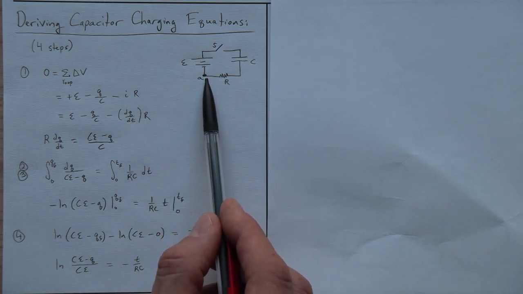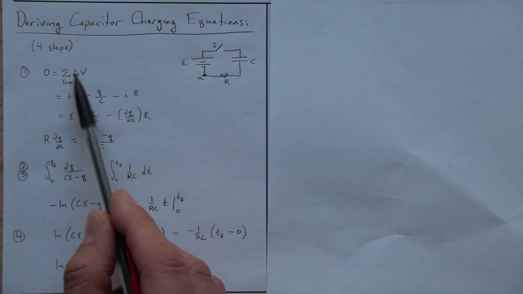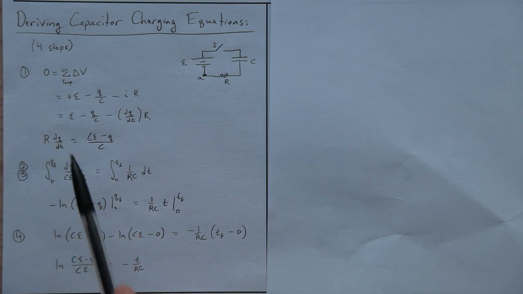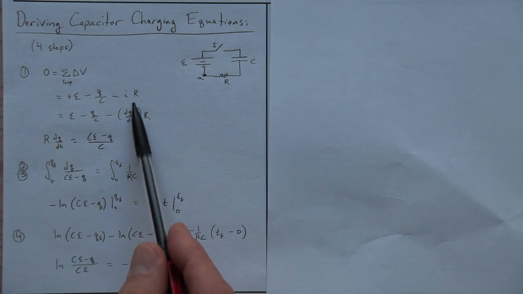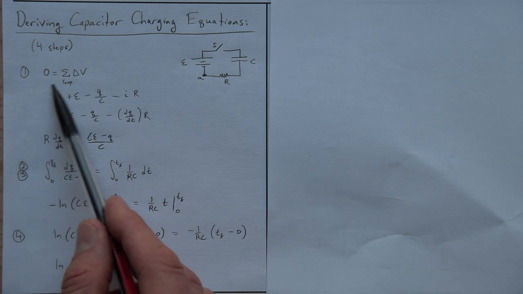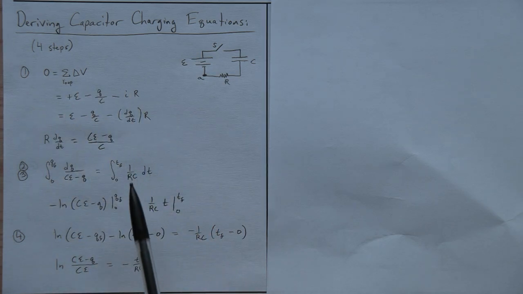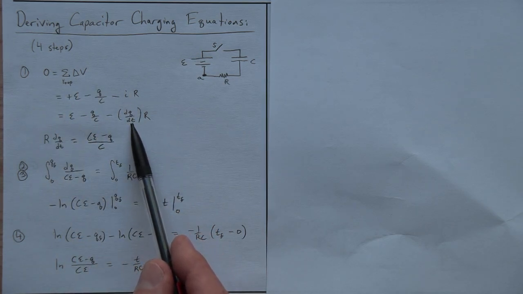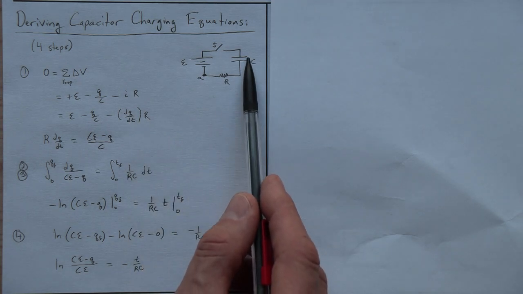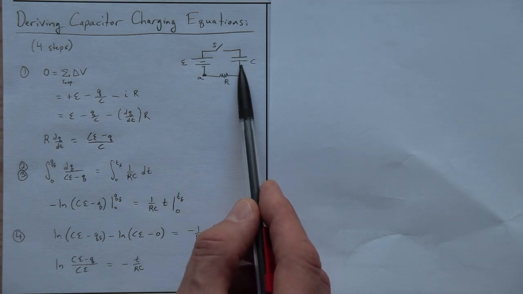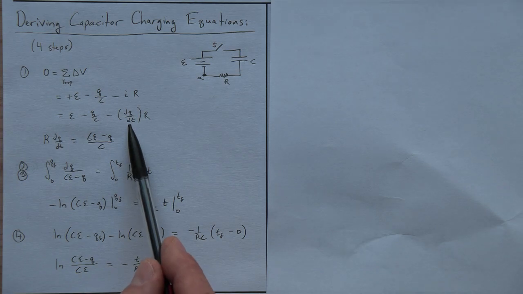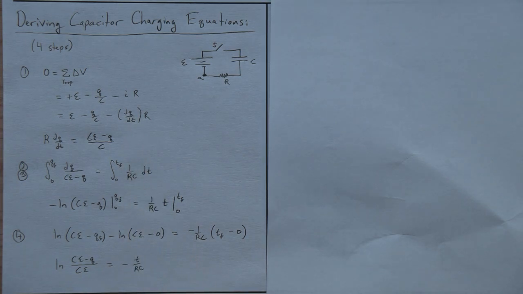Then it's completed the loop, so the voltages add up to 0. Still not a differential equation because we don't have a derivative in it. So we replace I with its definition, the derivative of charge with respect to time on the capacitor plates. Okay. Now it's a differential equation.